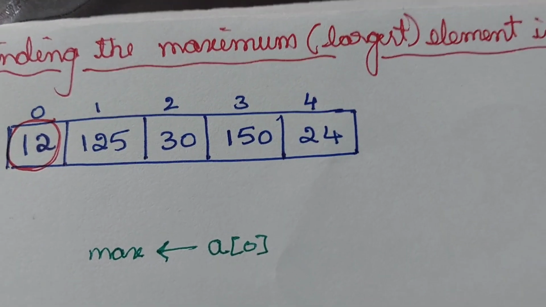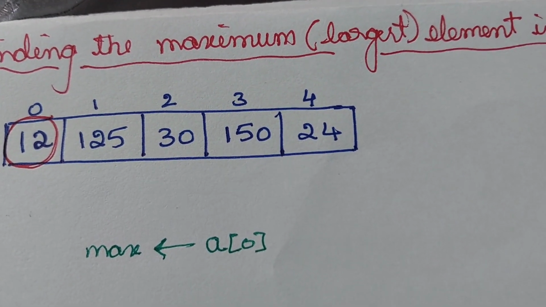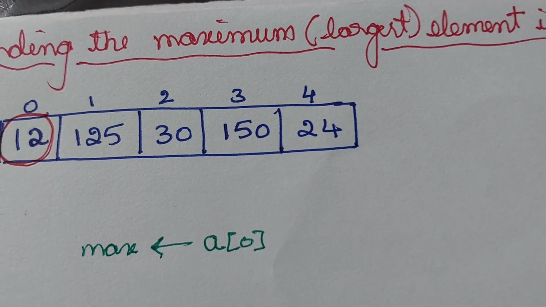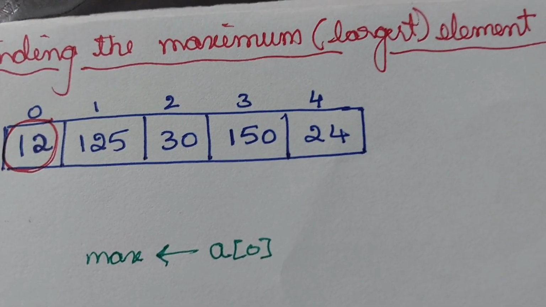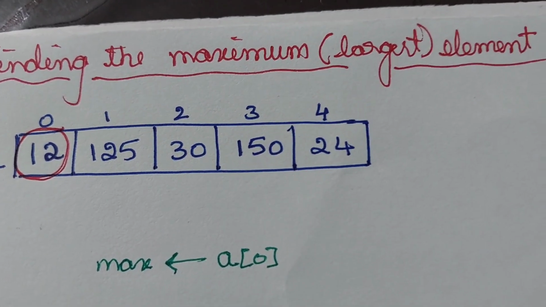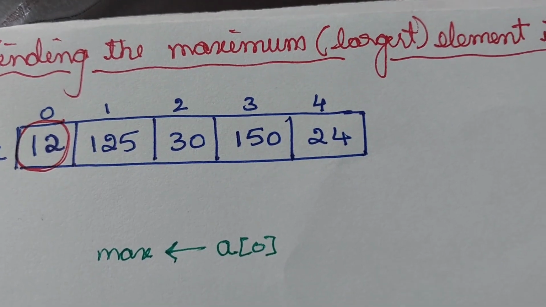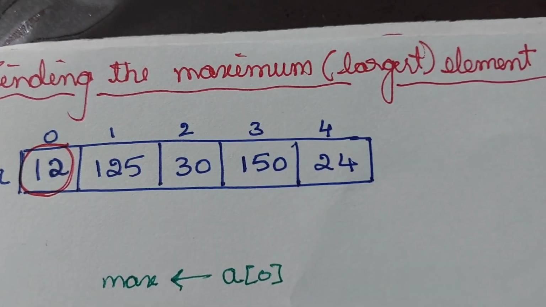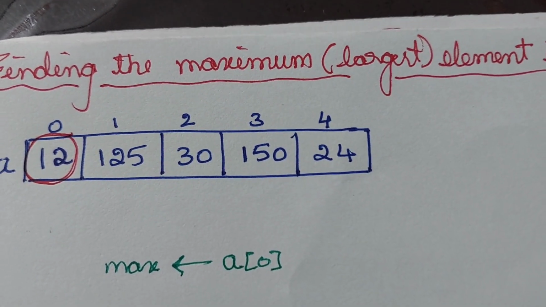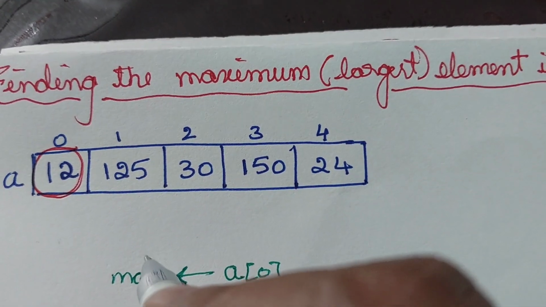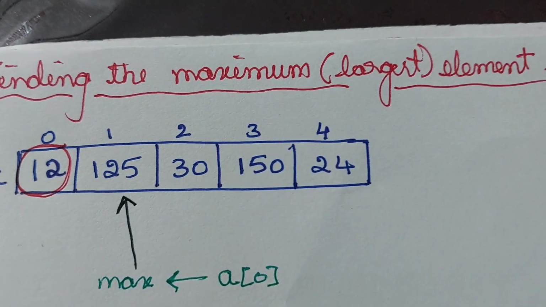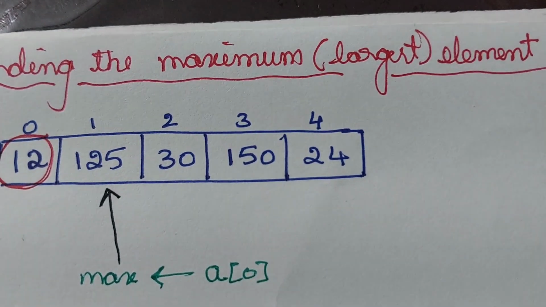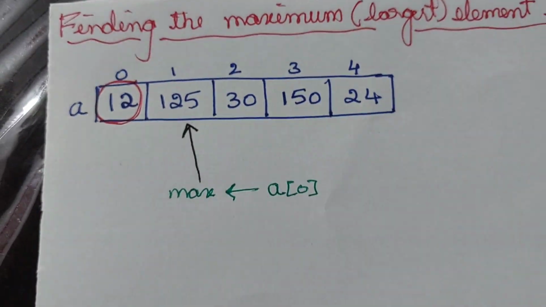Now whatever I assumed, that the maximum element is the first element, whether that is true or false, we need to verify. For that, I will start comparing this maximum element with the remaining elements. First I compare it with the next element, a of 1.